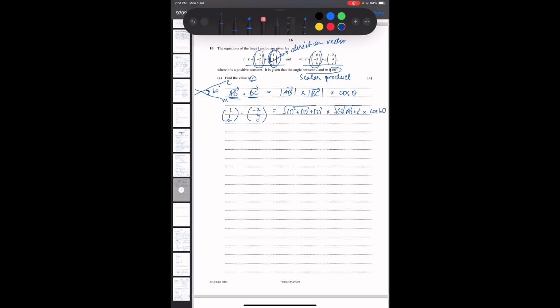Now 1 into -2 is -2, plus 1 into 4 is 4, plus 2c is equal to 1 plus 1 is 2, 2 plus 4 is 6, it's under root 6 multiplied by -2 squared is 4 and 4 squared is 16. So 16 plus 4 is 20 plus c squared, into cos 60, which is half.